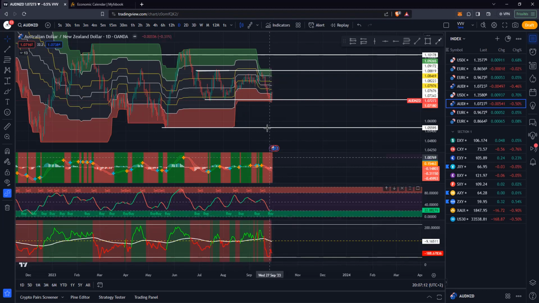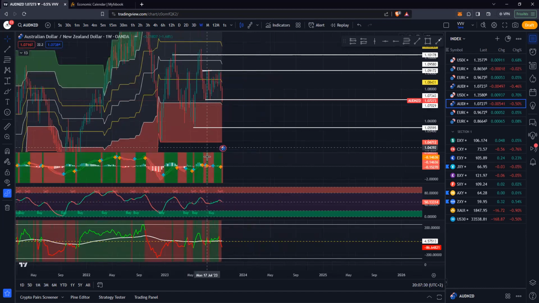We got the buy signal, but the price turned it back into red, and not the same scenario as we see on the USD CAD. I would say let's break the zone, and after that we can see actually the previous low in the market.